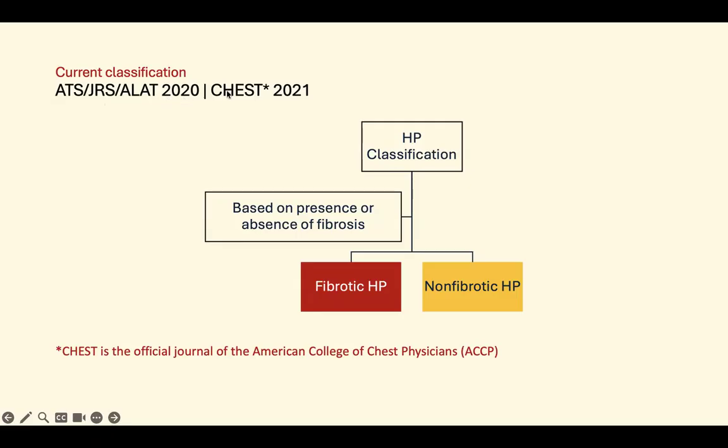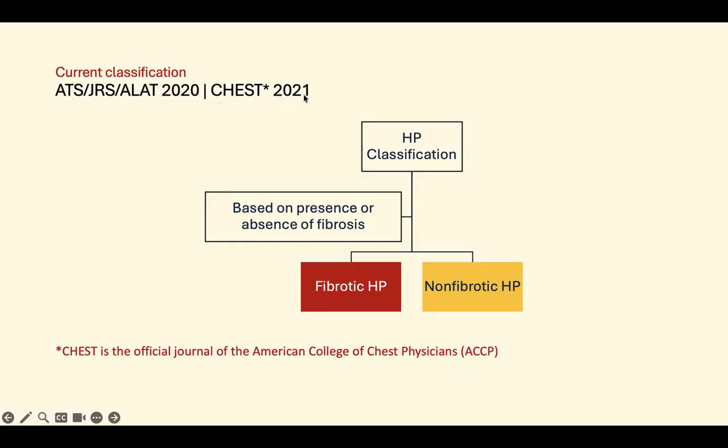Then after one year, followed by CHEST, which is the official journal of the American College of Chest Physicians, ACCP, produced another classification, different from the classification of ATS and other societies in the details under the same classification. We will see that now.